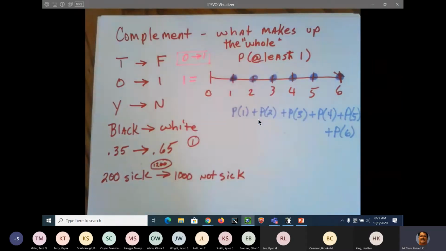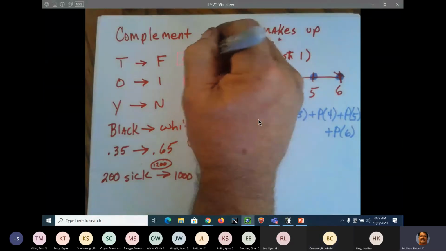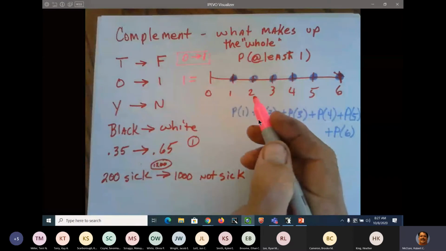From 0 to 1. Did I not tell y'all that? Yes or no? Thank you, Miss Cameron. So any probability is going to be equal to 1 right here.